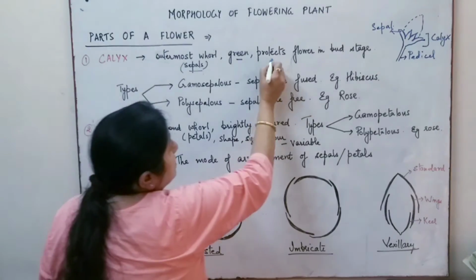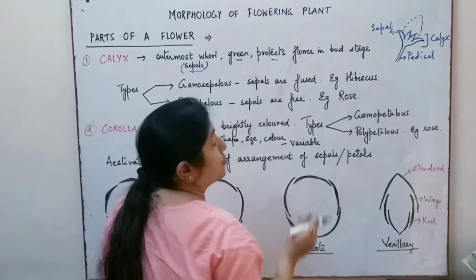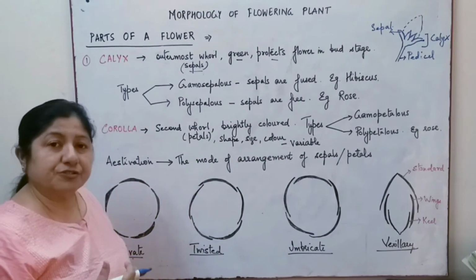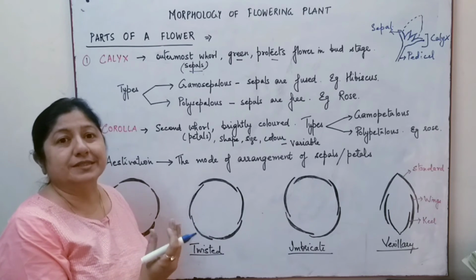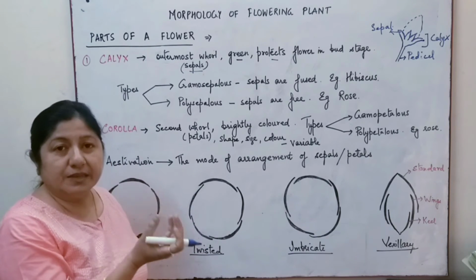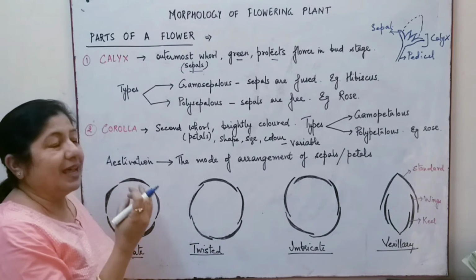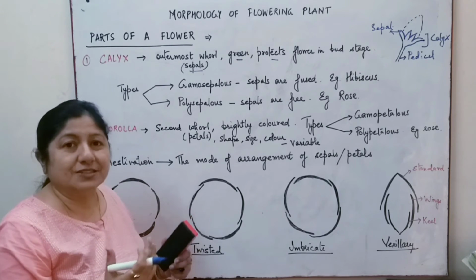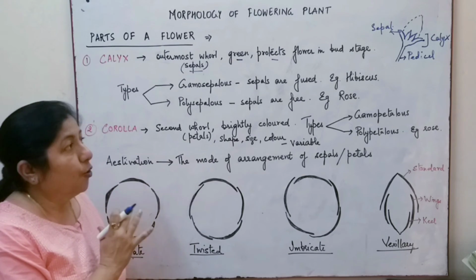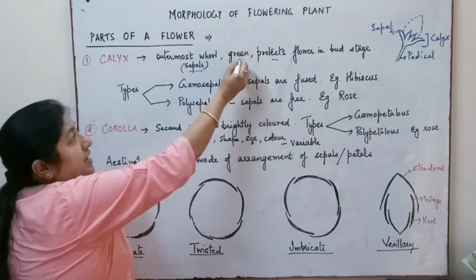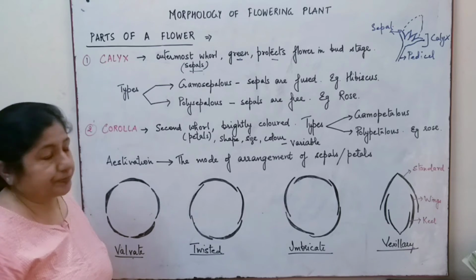So it protects the flower in the bud stage primarily, and in the later stage when it opens, it also holds or keeps the petals together, and protects the ovary because the thalamus is inside the calyx. So over here it protects the ovary as well. It is green in color mostly.